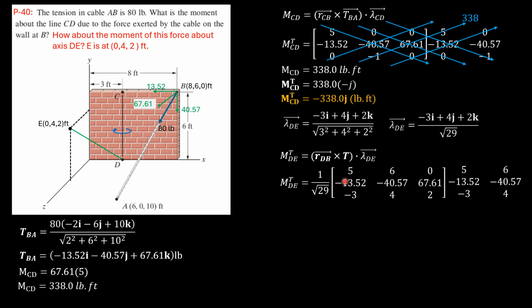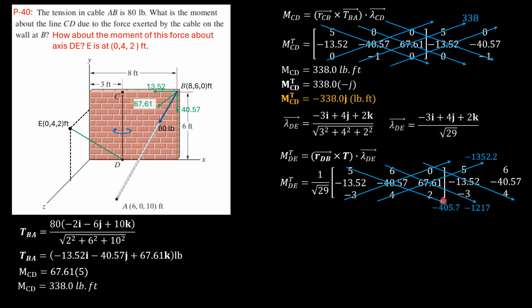So for the product, we have 5 times negative 40.57 times 2, and that's negative 405.7. This one is another negative 1217, 0, then 0, then that's negative direction. This is positive, so negative of positive is negative 1352.2.